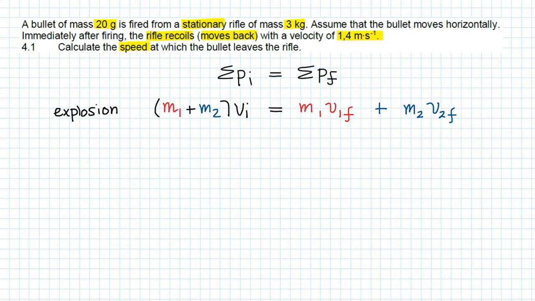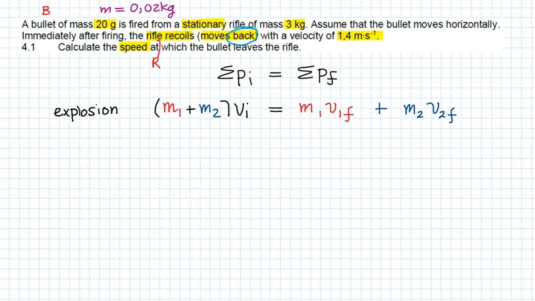So we are dealing with two objects here, a bullet and a rifle. We're dealing with two directions, forwards and backwards. We see we're given the mass of the bullet as 20 grams. We need to convert this to kilograms. It's the same as 0.02 kilograms because to go from grams to kilograms, we divide by 1,000.